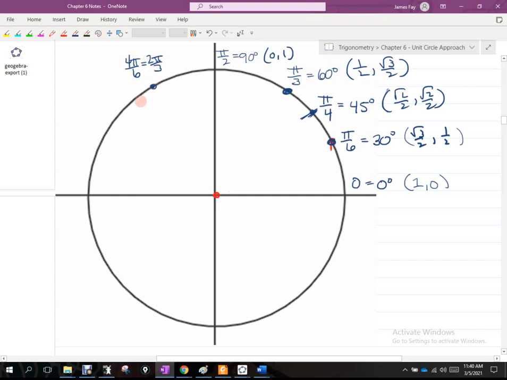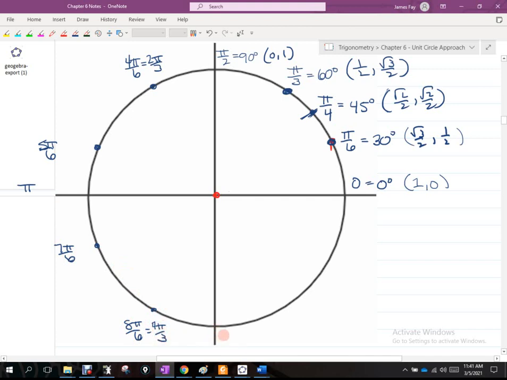2 pi over 3. Okay, I'm going to put this one down here, 5 pi over 6, and then 6 pi over 6, right? So that's pi. And then we get 7 pi over 6, 8 pi over 6, which is 4 pi over 3. We already had this one.